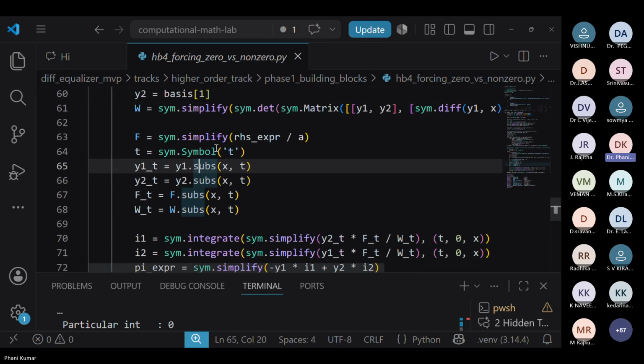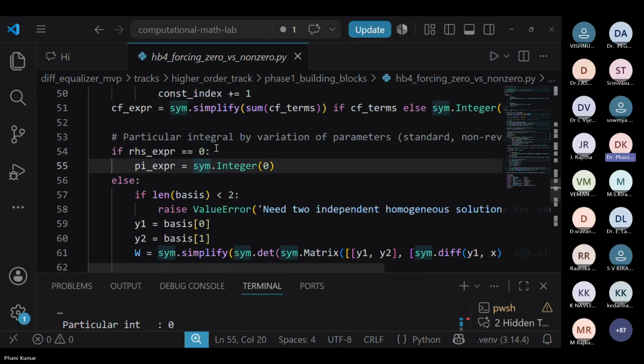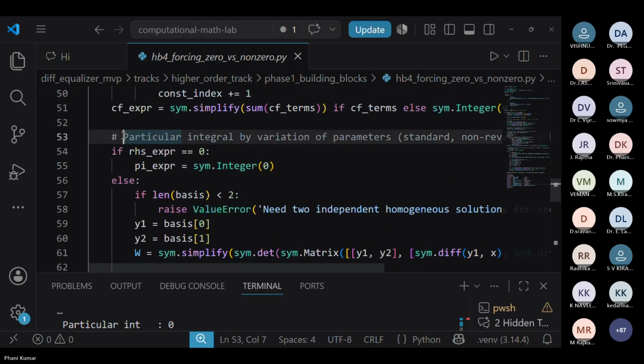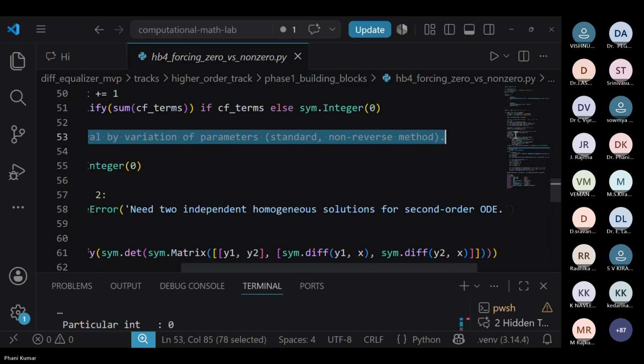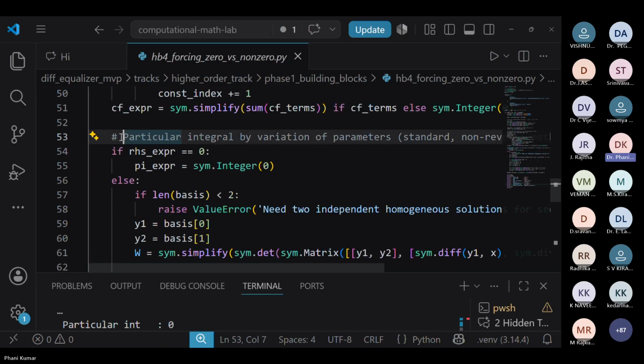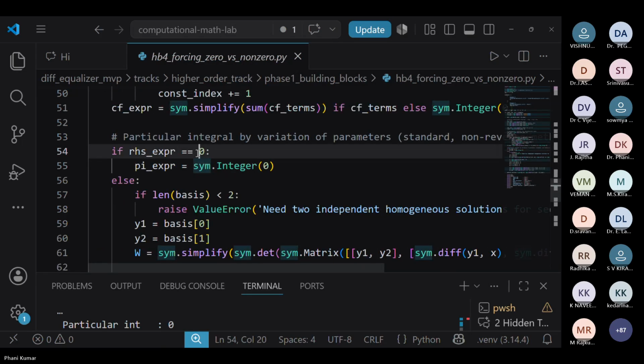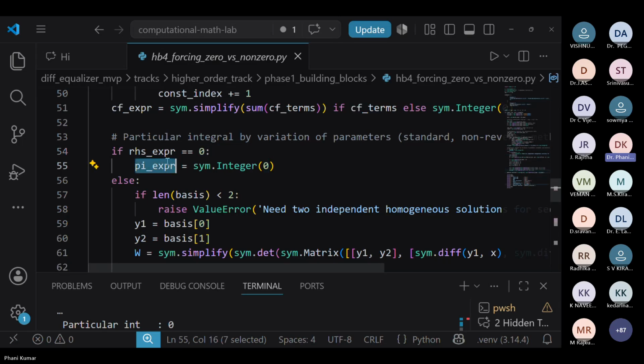This is printf, right? So particular integral. So this is a somewhat typical program, right? To find the particular integral.